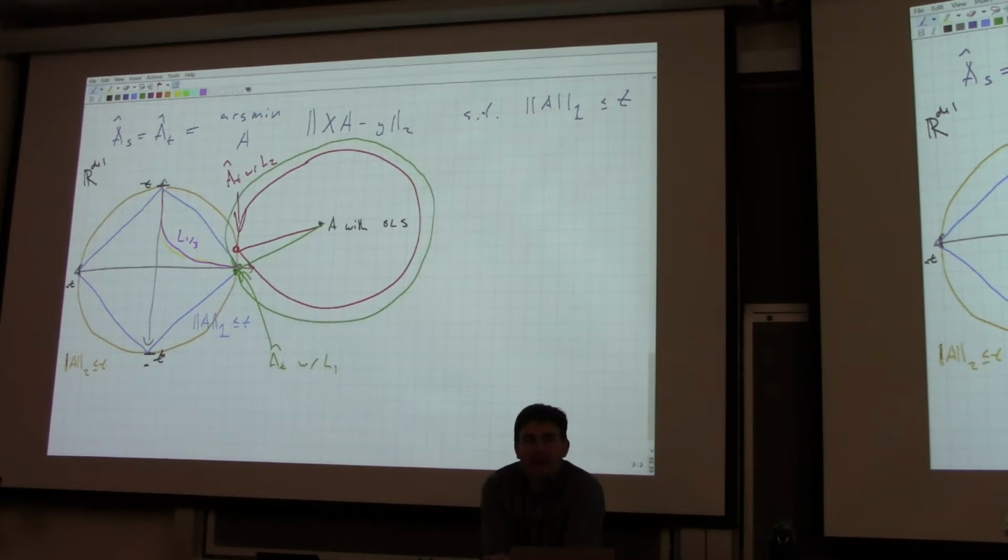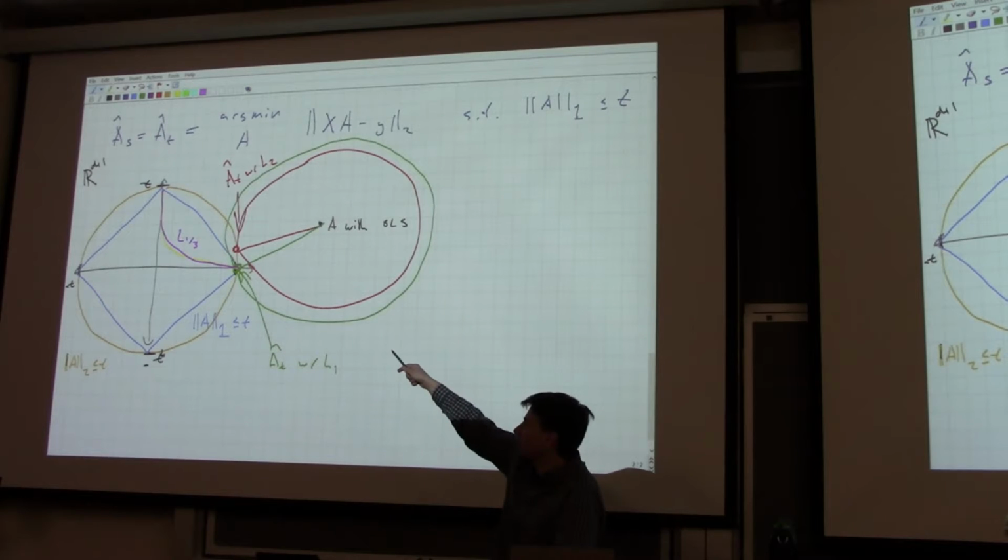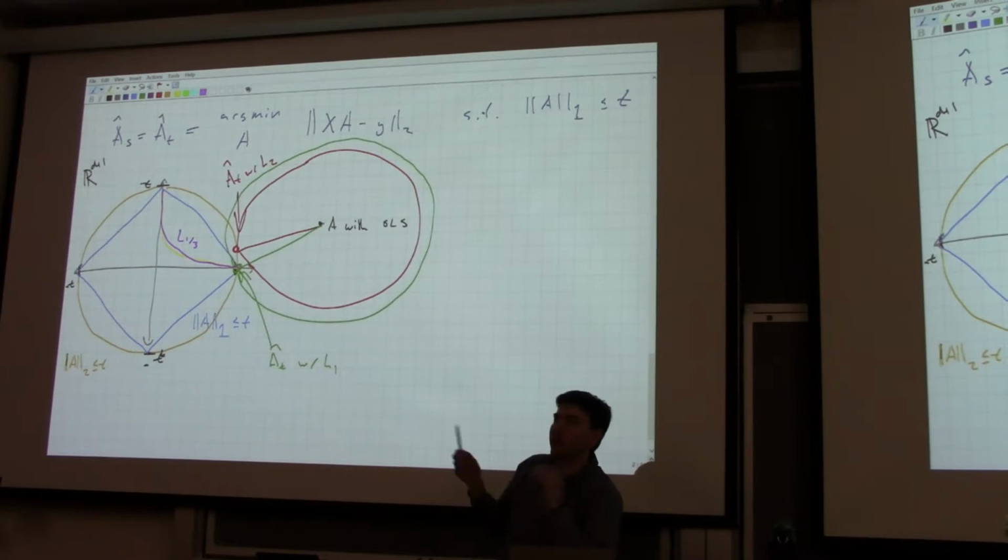What's going to happen if t is very large? t in this example was like 6 grid cells. What if t was like 100 grid cells? Then what would the answer be? Same as when you use least squares, right?